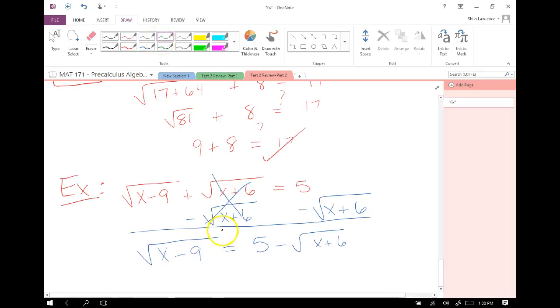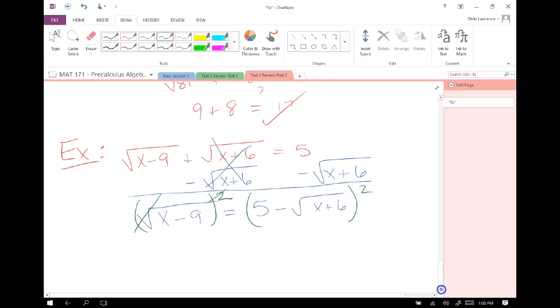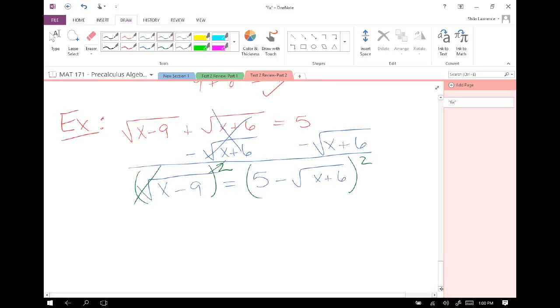Now to get rid of the square root on it, I can square. But in order to do that on the left, I also have to do it on the right. So on the left, the square and the square root just cancel. Now on the right, this is kind of tricky because that's a binomial. And if I'm going to square a binomial, I need to FOIL it. And foiling with that root is going to look kind of tricky.